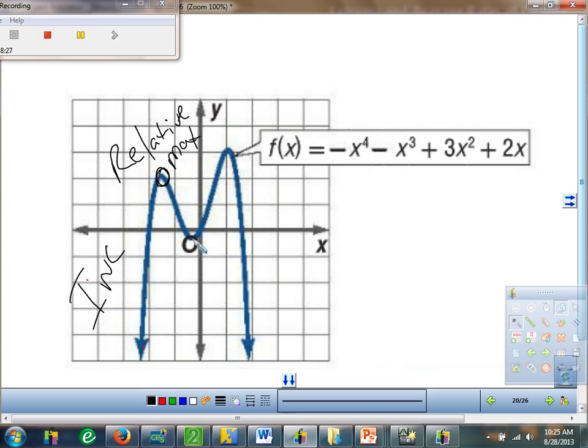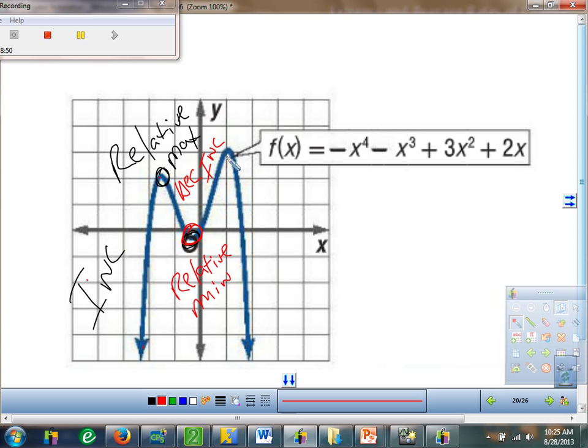Then we get here. It's a little bit hard to see, but when we get here, that's going to be a relative minimum. Now from here to here, we're decreasing. Then once we hit this part, we're increasing.